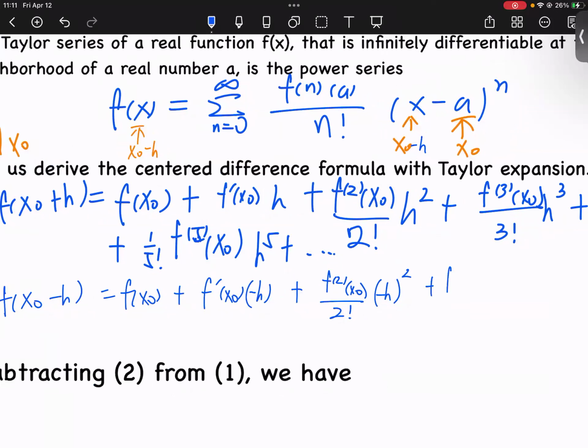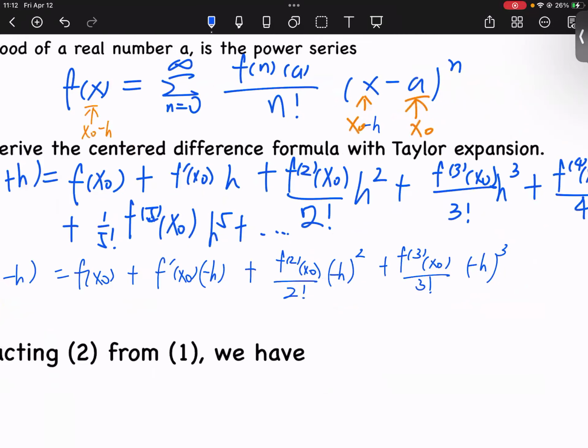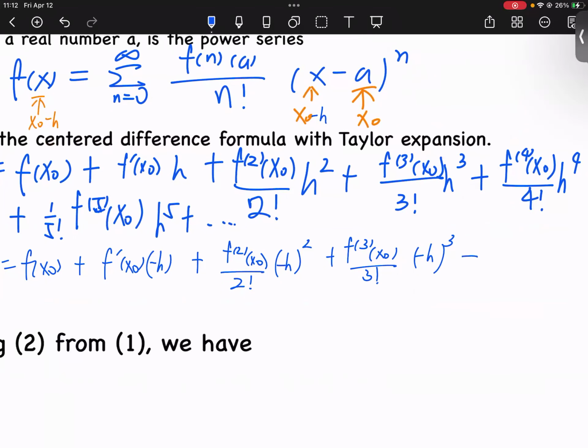And this is the third term, third derivative, and then negative h cubed, the third order. So order 3, and then this one should be x0, 4 factorial, negative h to the 4, and then plus the fifth derivative over 5 factorial, and then negative h to the 5, and so on and so forth.